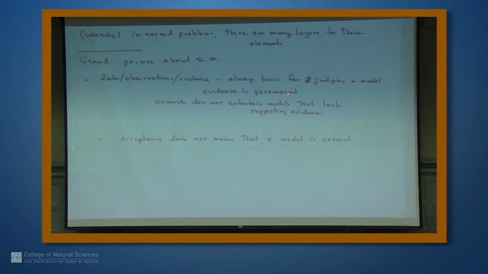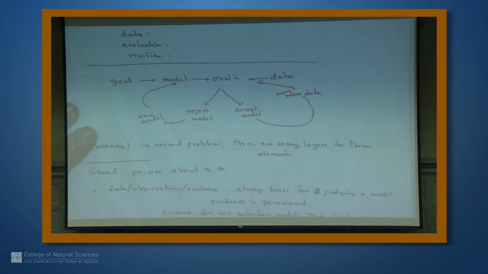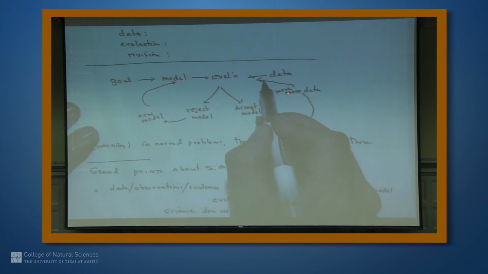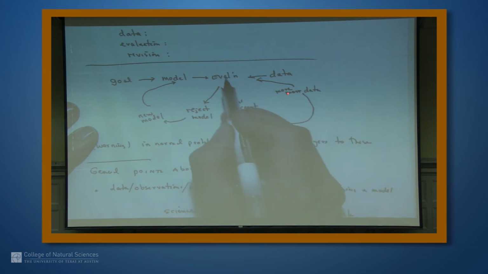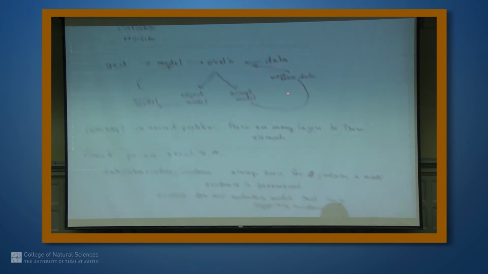Right, going back to this figure, we accept something, we're going to get more data, look at it, and through time we might finally decide, okay, it's time to reject that model and we've got to come up with a new one.